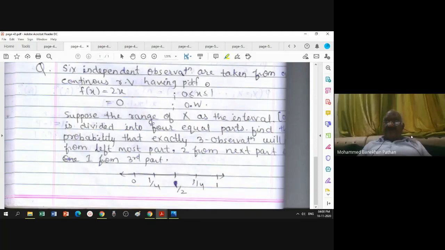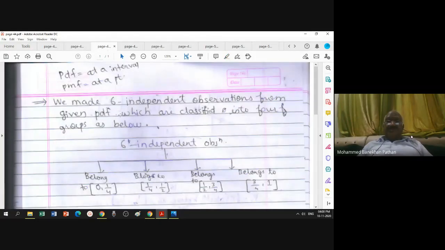So I divide this range into 4 equal parts. What I want to find is the probability that out of 6 observations, 3 will come from the left, 2 from the next, and 1 from here. That is your question. See how it proceeds.